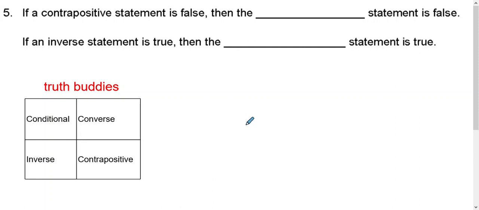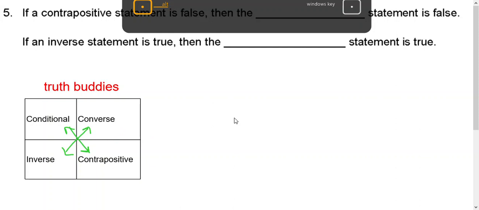Question number 5 is saying if a contrapositive is false, then what else is false? And if an inverse is true, then what else is true? This is asking you about those truth buddies. I've written the box down here to help you if you like to look at it where the diagonals are truth buddies. The conditional and the contrapositive work together, and the inverse and converse work together.